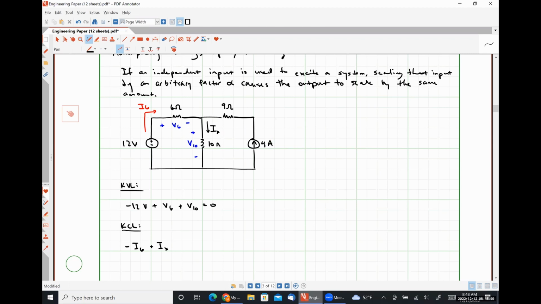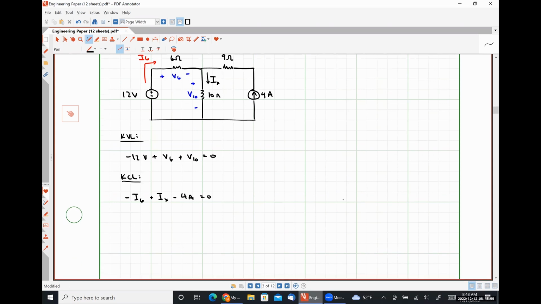My apologies. Minus 4 amps is equal to 0. Our Ohm's law relationships will be the exact same as they were the first time we looked at this, where V6 will be equal to 6 ohms times I6, and V10 will be equal to 10 ohms times IX.